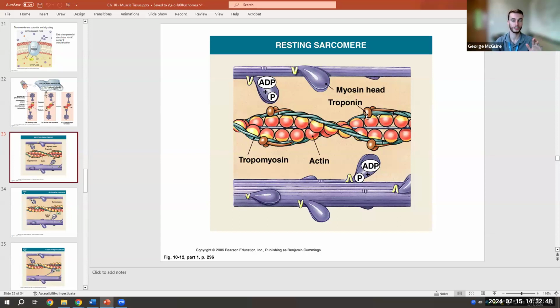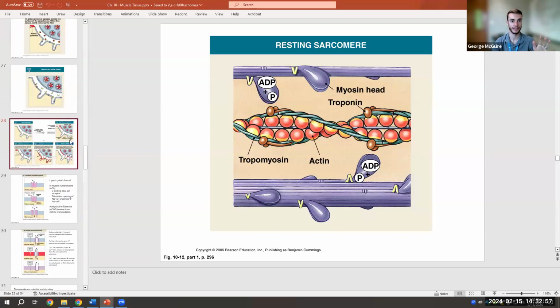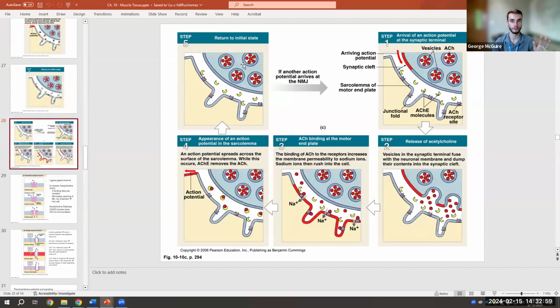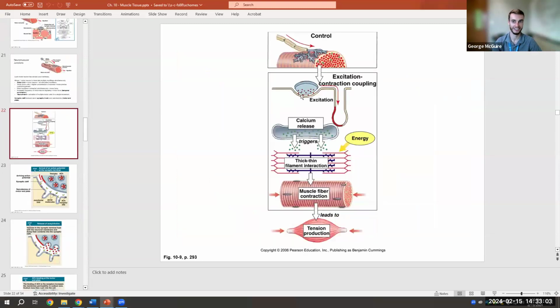And so in order for this troponin to move the tropomyosin out of the way, it must bond with calcium. So we had that whole action potential signaling mechanism, this excitation-contraction coupling, that all led up to calcium being released into the space within the cell, the sarcoplasm.